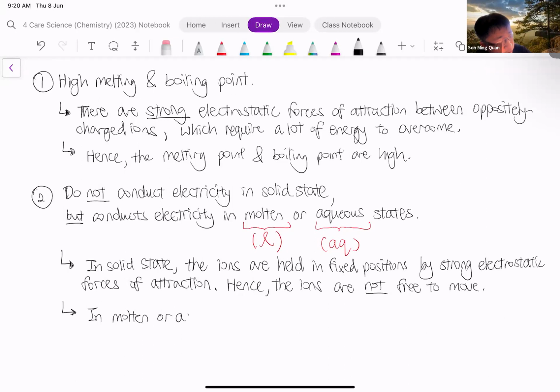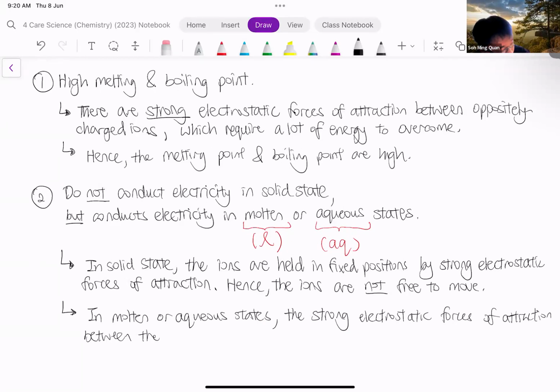So what's the difference between the solid state and the molten and aqueous states? In the molten and aqueous states, the strong electrostatic forces of attraction between the oppositely charged ions have been overcome.